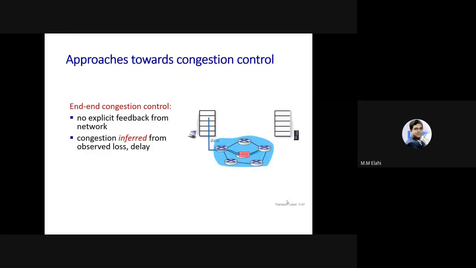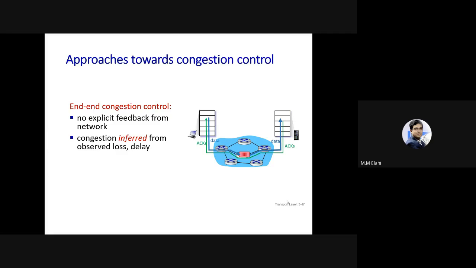So how is this actually controlled? You can see this can be controlled by the end systems. You can see the end systems on both sides, but there can be multiple routers in the middle. So there are two types of congestion control. One is end-to-end congestion control, which is what the transport layer normally does. There is no explicit feedback from the intermediate nodes. We don't know where the packet is lost, in which router, in which link.